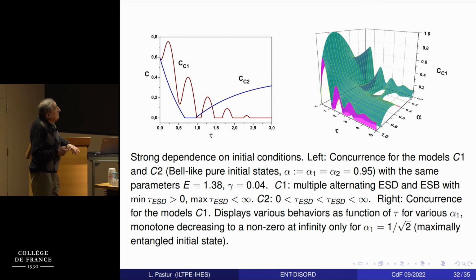And again, depending on parameters, it can behave like that or just once. And here, okay, a lot. You have a zoo of possible situations. There is a monotone part, there is a non-monotone part, there are deaths, births, etc., etc.